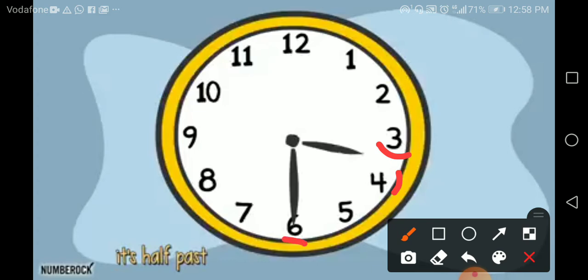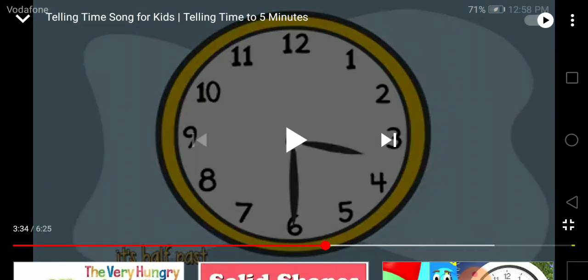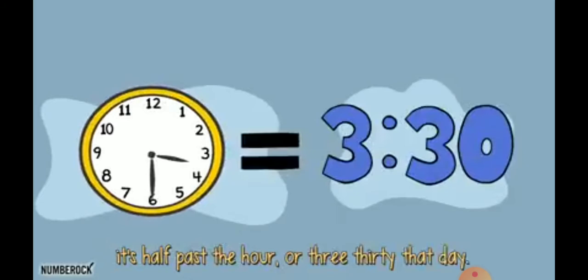The long hand on 6, this means what? 5, 10, 15, 20, 25, 30. So this is half past what? Half past 3 or half past 4? No, half past 3. 3:30.